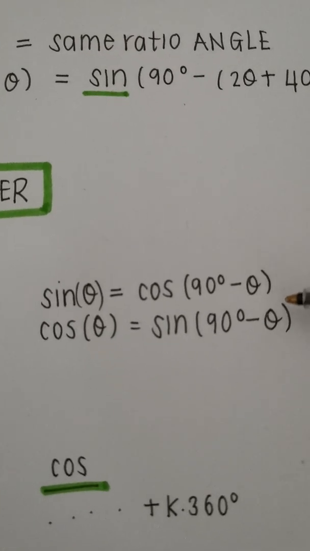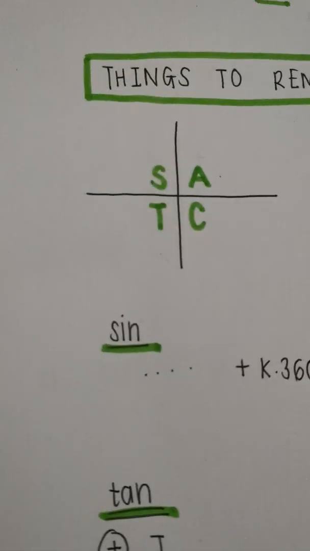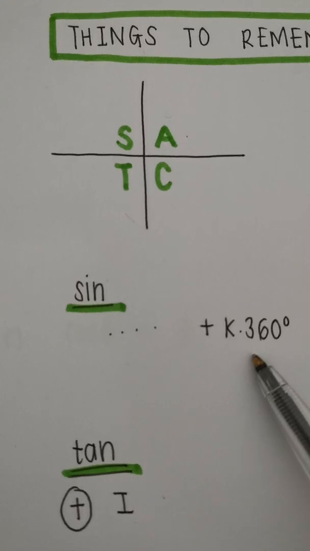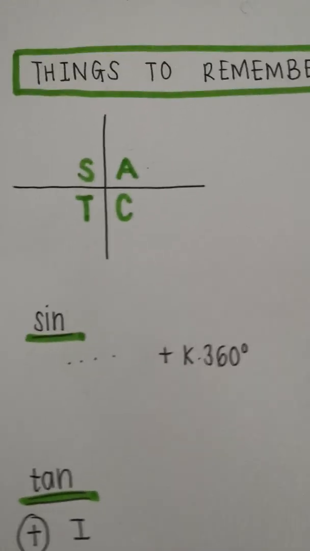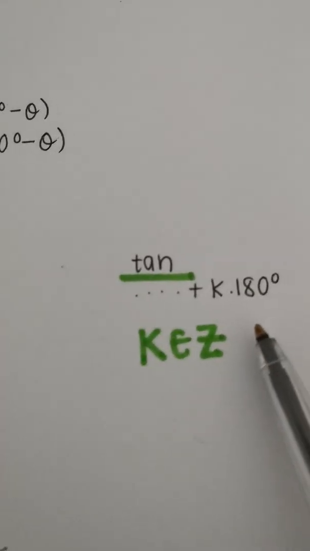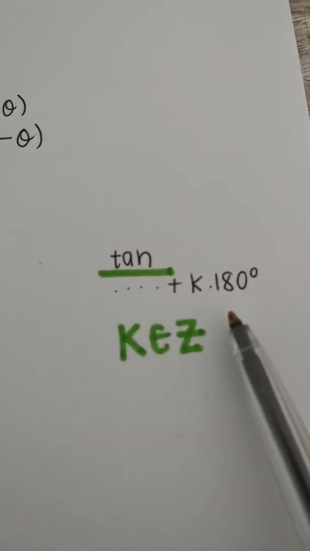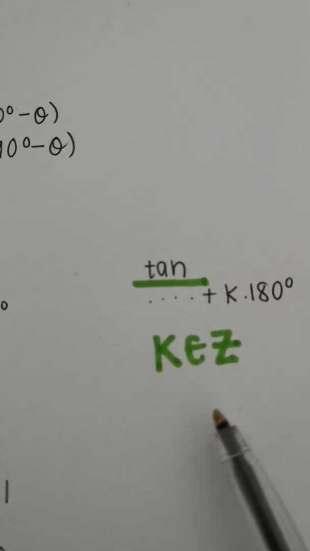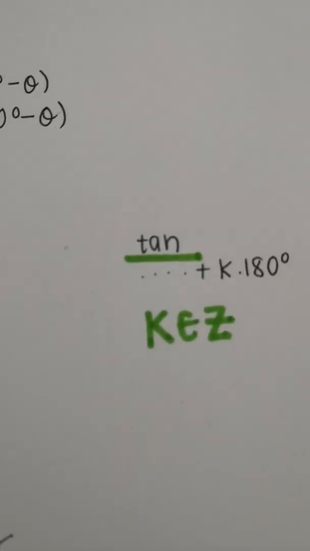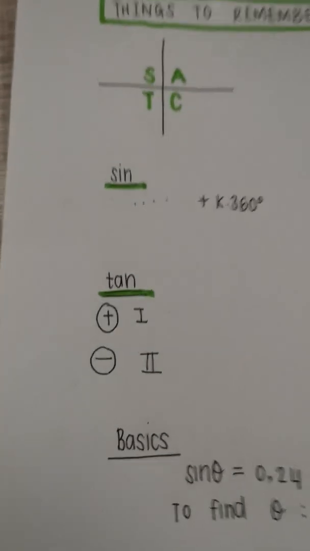The 90 minus, that's why I wrote it down here for you. You should know, I discussed this, why it's plus k times 360 for the sine and plus k times 360 for the cos. Why it's plus k times 180 degrees for the tan. And then you should always mention down k is an element of integers, but I'm going to show you that in a bit.